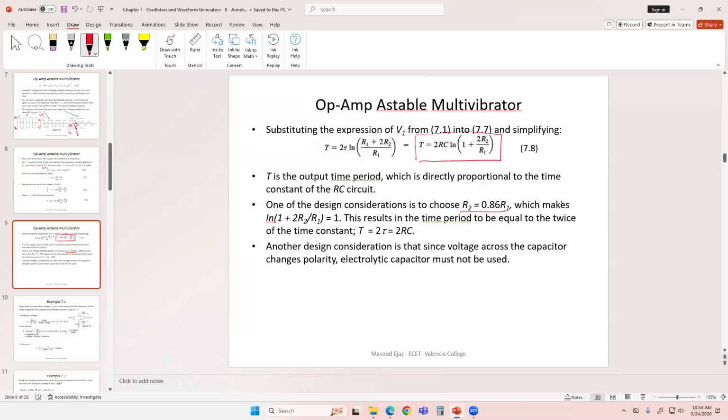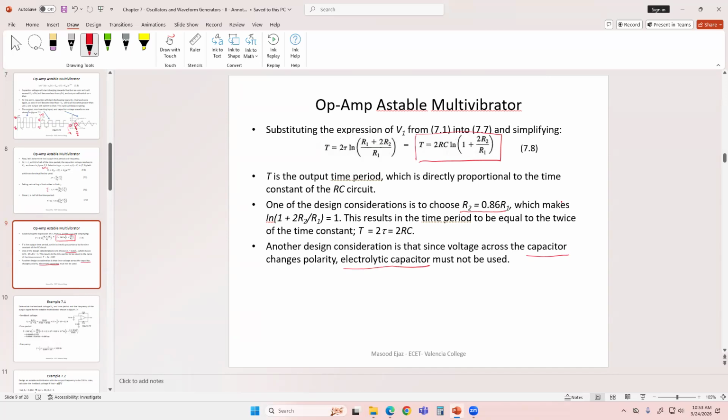Another consideration is the type of capacitor. We have to use a capacitor that can handle changing polarity, because the voltage across the capacitor is changing between positive and negative. So you cannot use an electrolytic capacitor, because an electrolytic capacitor is unipolar.